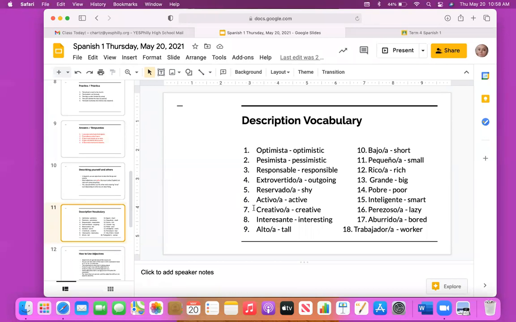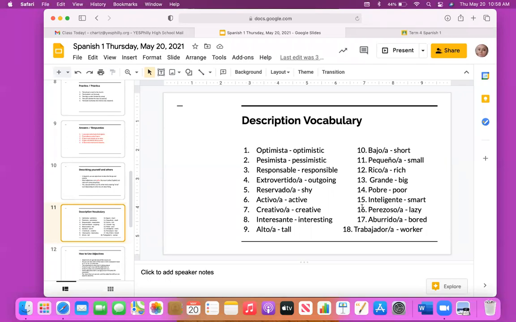is shy, activo or activa is active, creativo or creativa is creative. Interesante is interesting. Alto or alta is tall. Bajo or baja is short. Pequeño or pequeña is small. Rico or rica is rich. Grande is big.